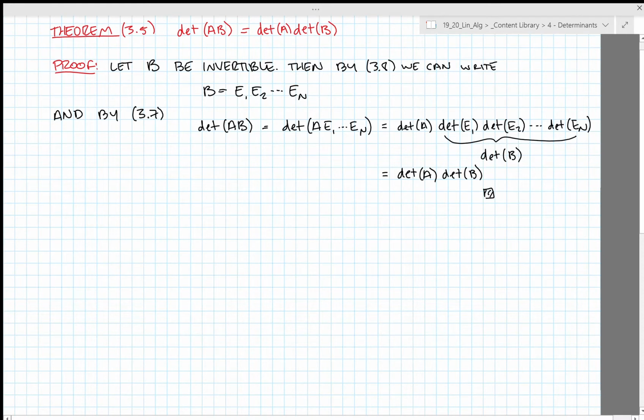Okay, well, what if B is not invertible? Well, then AB is not invertible.